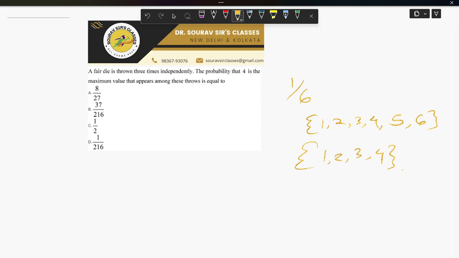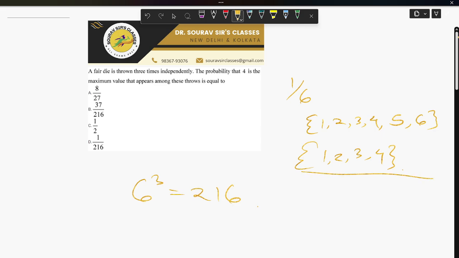Okay, so the total outcomes: each die has 6 possible outcomes and there are 3 throws, so the total number of possible outcomes will be 6 cubed, which is 216. Now the outcomes where the maximum is at most 4: each throw must be in 1, 2, 3, 4. There are 4 choices per throw, so the number of outcomes will be 4 cubed, that is equal to 64.